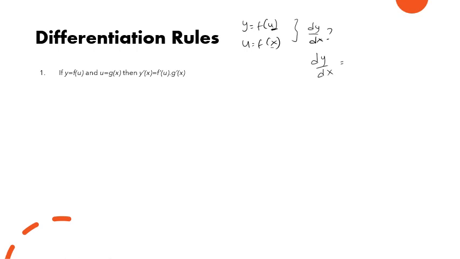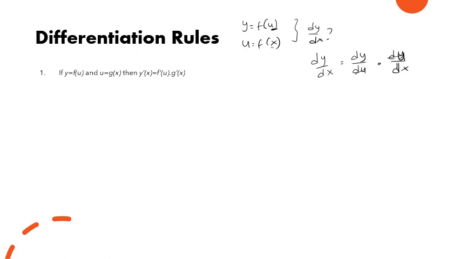Here, you have to see that as a multiplication. If you want to find dy/dx, then you need to see that as the multiplication of dy/du, the derivation of y as a function of u, multiplied by du/dx. So if it is the original algebra, you see that du here as the denominator and du here as the numerator, then they can vanish with each other.